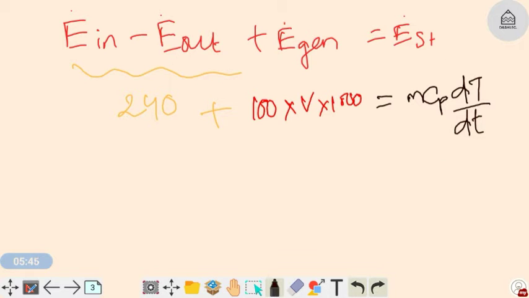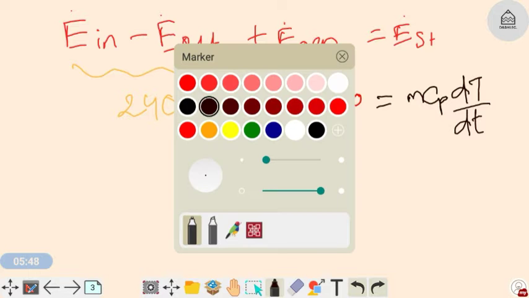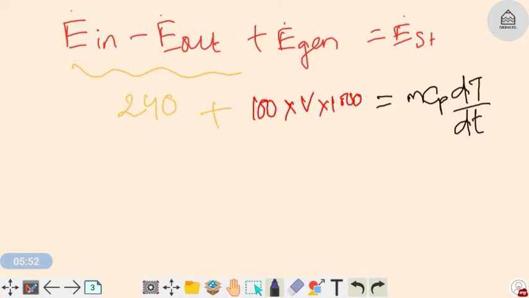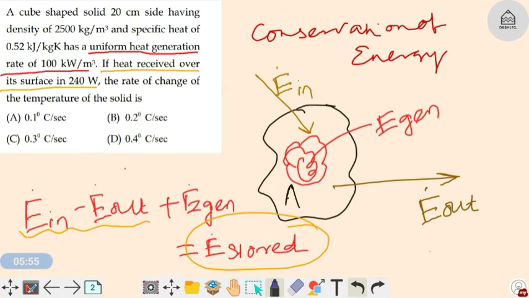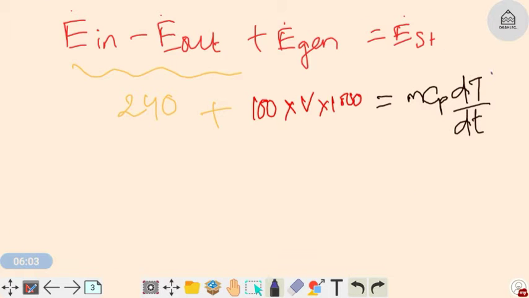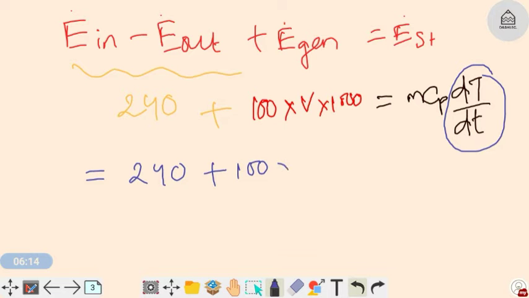What I need to find out is the rate of change of temperature of the solid with respect to time. So I need to find out this term. My answer will be 240 plus 100 into 1000 into the volume.